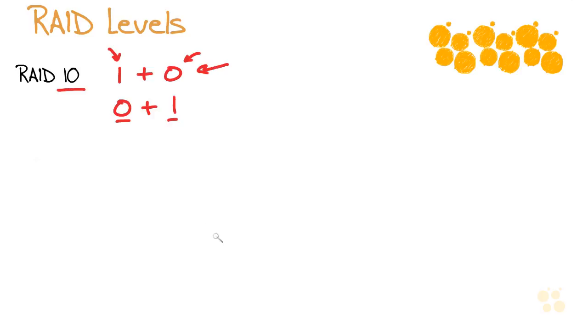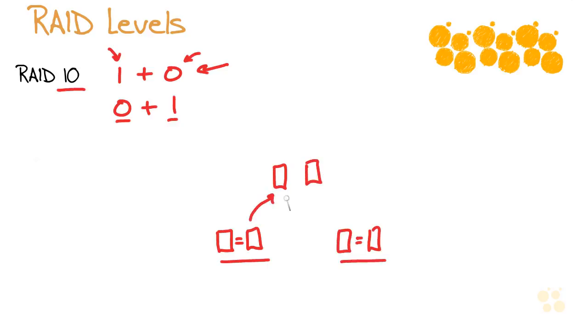So think about what we would do. We would mirror. So we would have 2 physical disks and we would mirror them. We would then have 2 other physical disks. We would mirror those. We would then have 2 additional disks and we would stripe these mirrored sets across those two disks. So again, here is RAID 1 being done on these physical disks, and then RAID 0 being done, the striping.